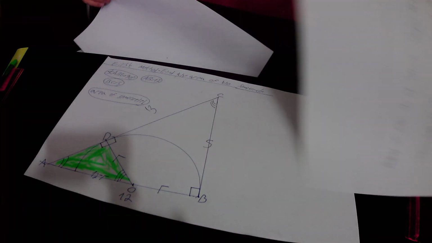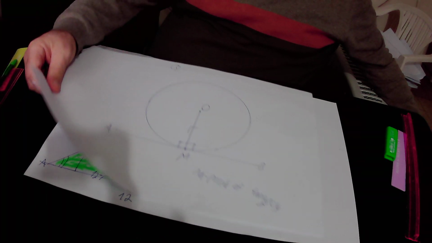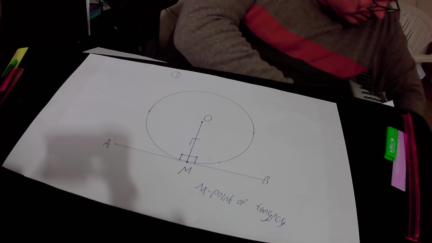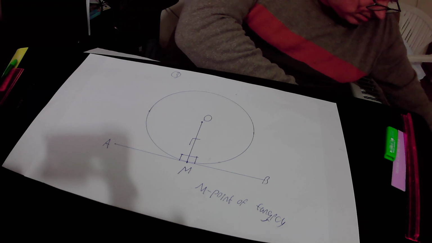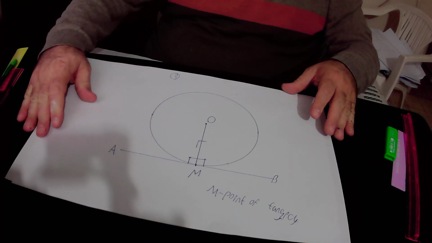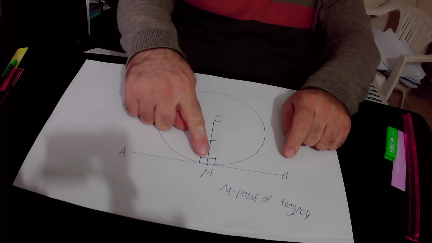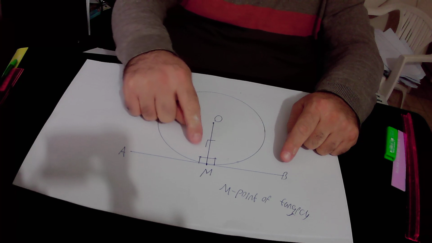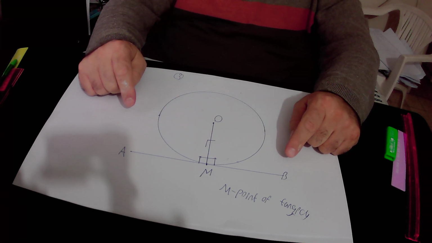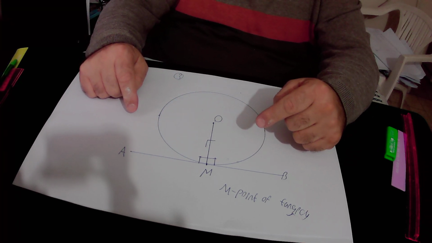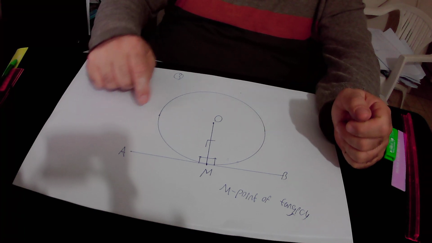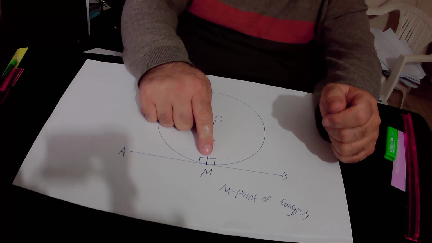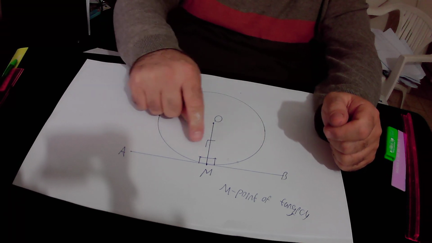If we have this circle, and tangent AB is tangent to this circle at point M, point M is the point of tangency of tangent AB with this circle, and OM is the radius of this circle. You can see that the radius OM is drawn to the point of tangency, that is to say it is drawn to point M.